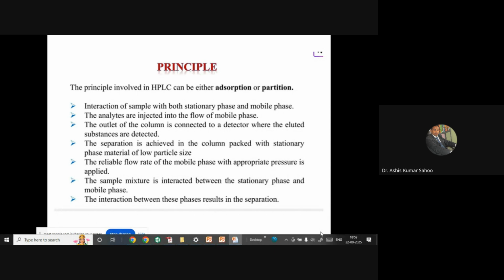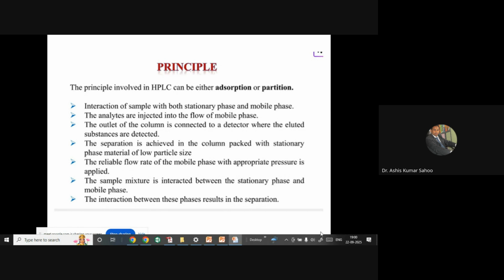So these are the simple principles. First, the sample will interact with the stationary phase and mobile phase. Secondly, the analyte, the compound which we analyze, is injected into the flow of the mobile phase. The outlet of the column is connected to a detector where the eluent substances are detected.